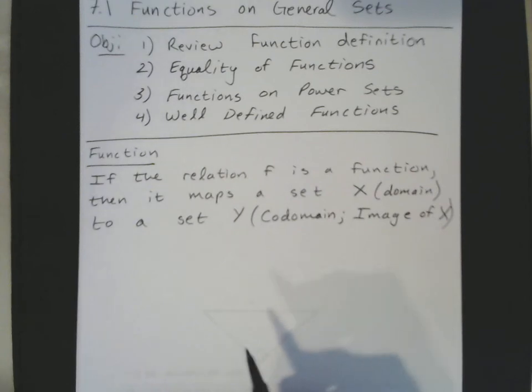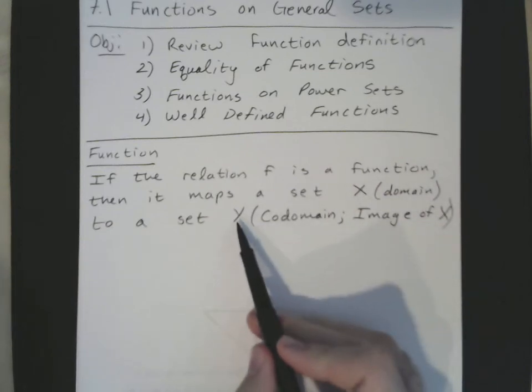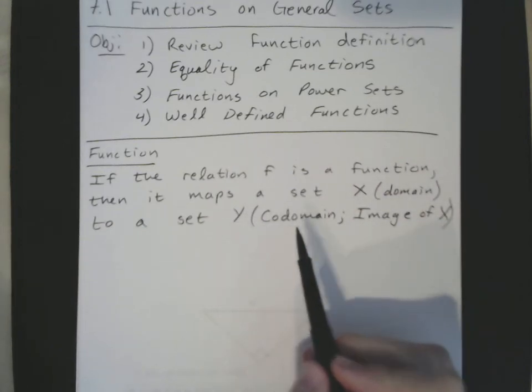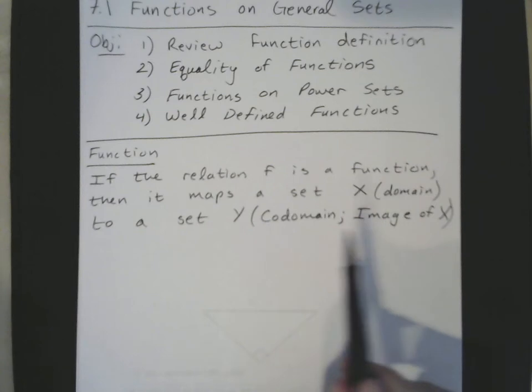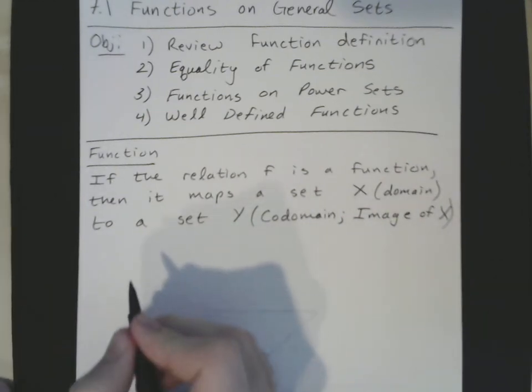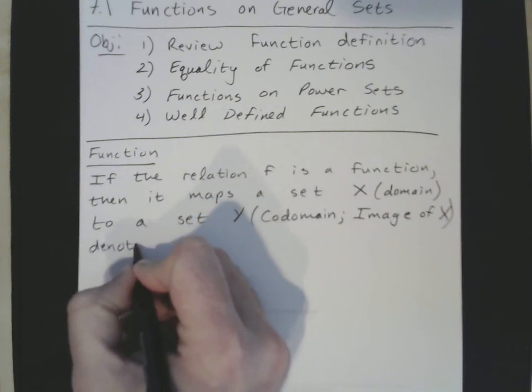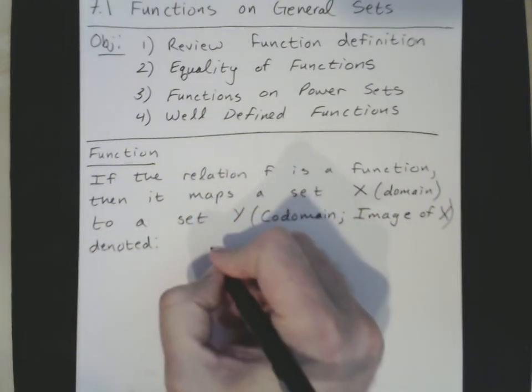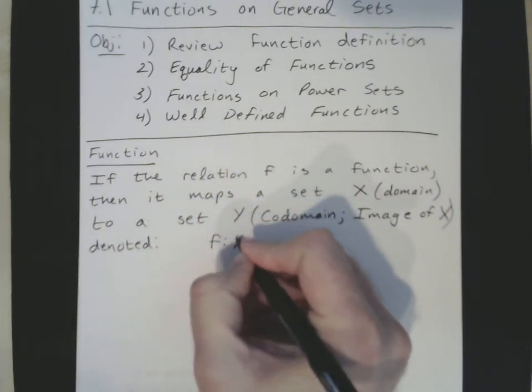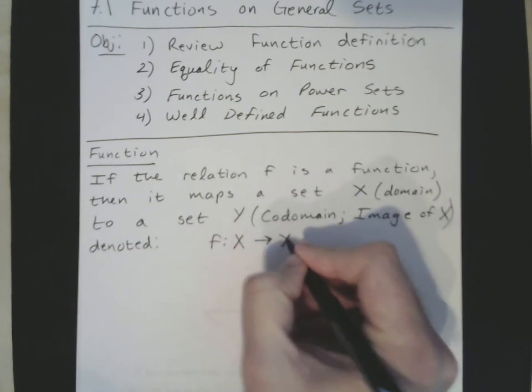But the range is usually bigger. And we'll talk about that a little bit more in the next section as well. So your set that you map into is your codomain or your image. These are interchangeable. And this is denoted f maps x into y.